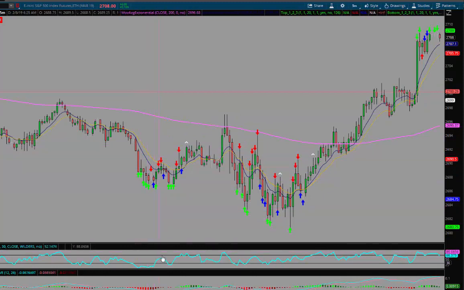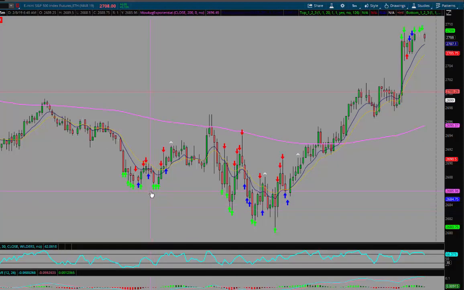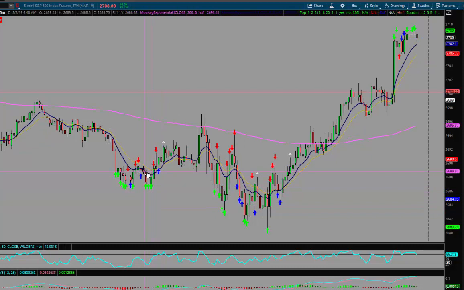However, we have a little bit of divergence going on here in the RSI. Any kind of divergence is not necessary. All it is is an added layer of confirmation for me to gauge against. I also have two shorter term moving averages, the 9 and 15, just to give me a little bit of assistance, mostly when I'm in a trade on trend type trades, but also for entry as well.